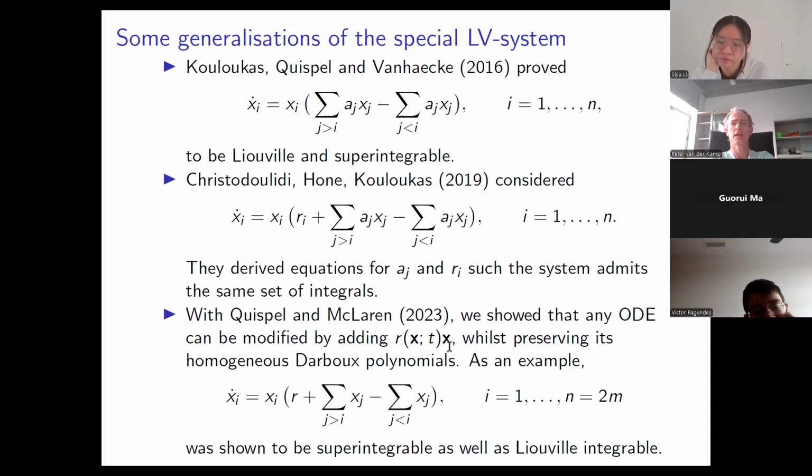I am going to explain what these Darboux polynomials are, but just mentioning now that this immediately leads to the fact that you can always add this kind of non-homogeneous term to this Lotka-Volterra system and still have it superintegrable as well as Liouville integrable.